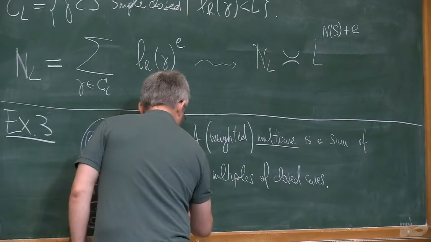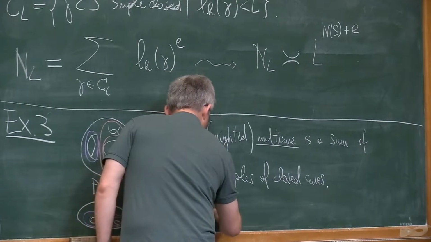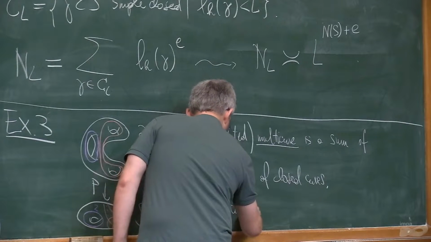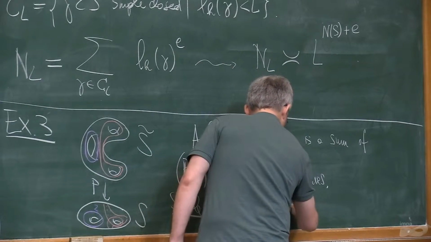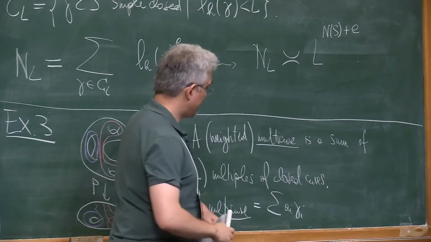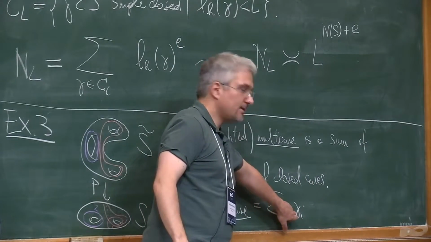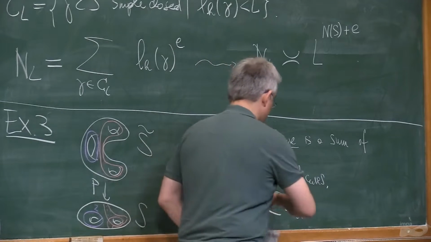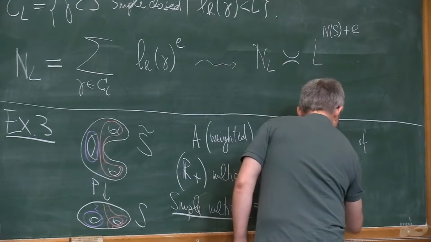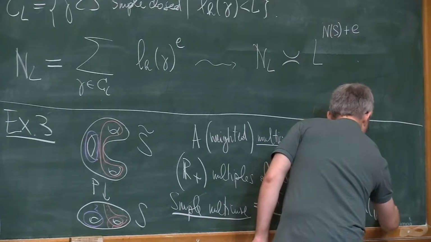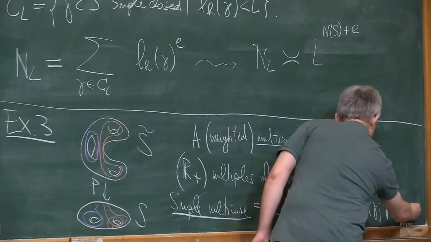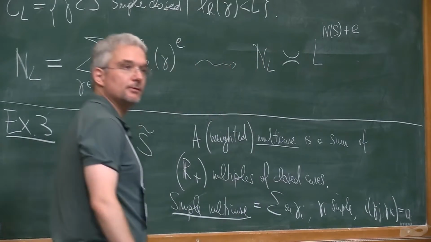Otherwise, we can say simple multicurves are sums with real coefficients. These are curves such that gamma i is simple and the intersection of gamma j, gamma k is equal to 0.